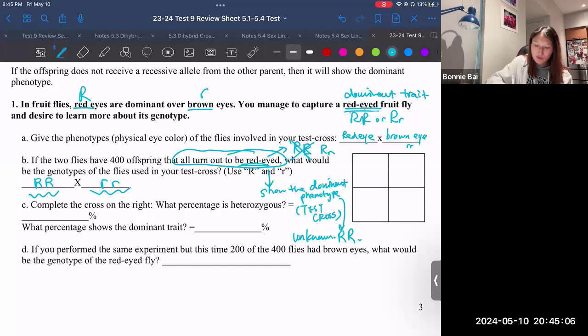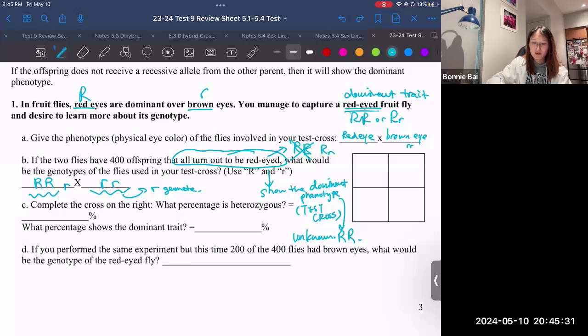If all the offspring have to be red eye, when this one parent only passed on the little r as gamete, right? That's the brown eye allele. But if all the offspring are red eye, that means the other parent cannot give any little r. Like if the other parent also gives a little r, then the offspring could be little r, little r.